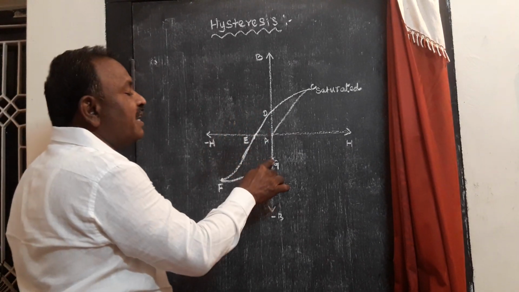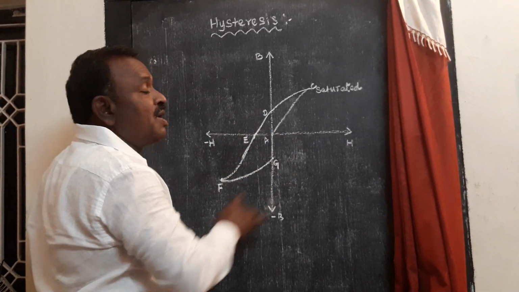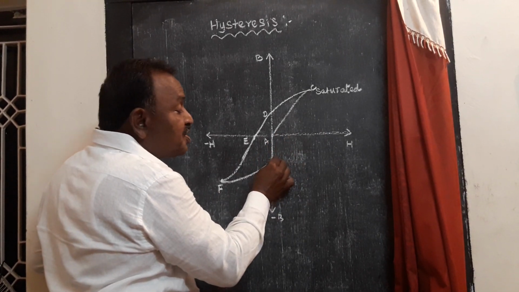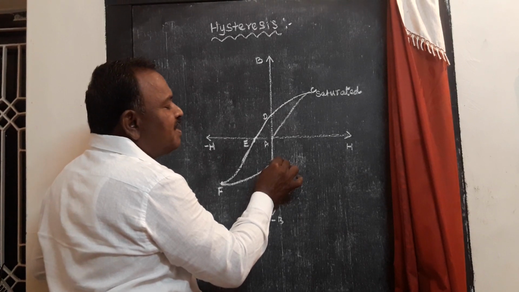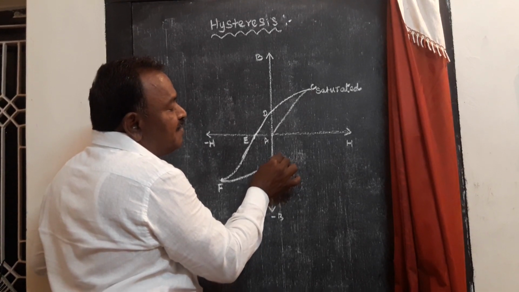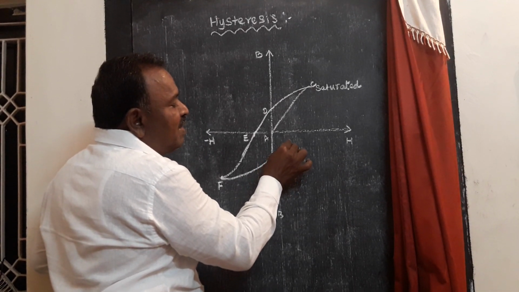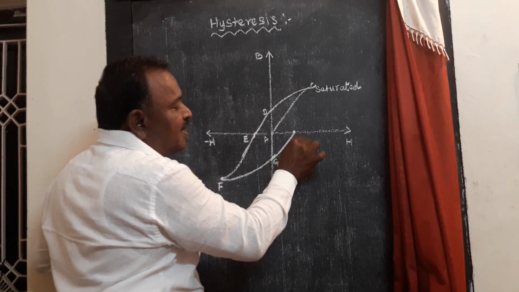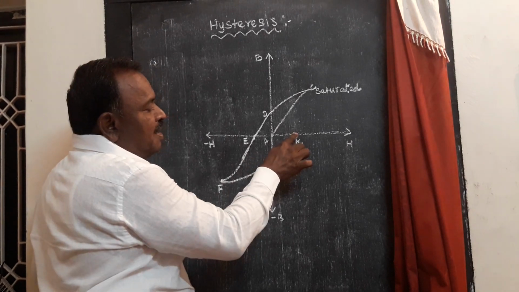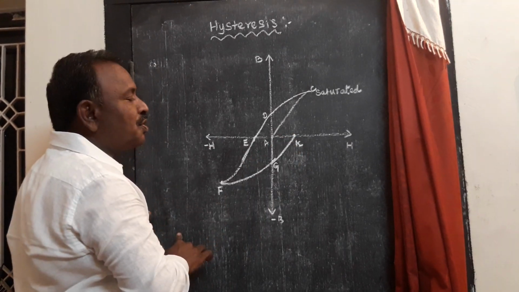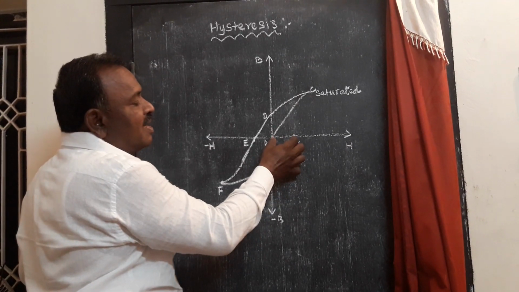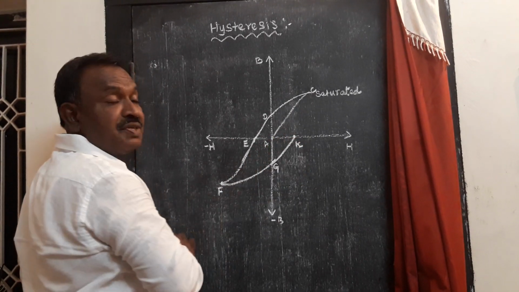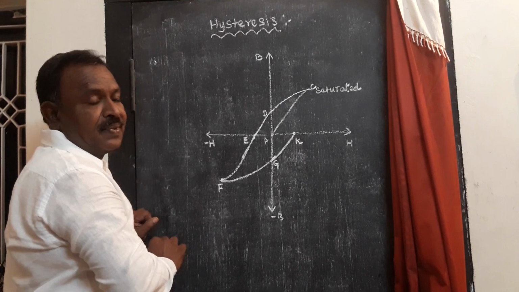To bring this negative retentivity to 0, again I have to apply the magnetizing field positively. For a particular value of the magnetizing field, magnetic induction becomes 0. Here AK again measures the coercivity, the positive coercivity of that magnetic material.